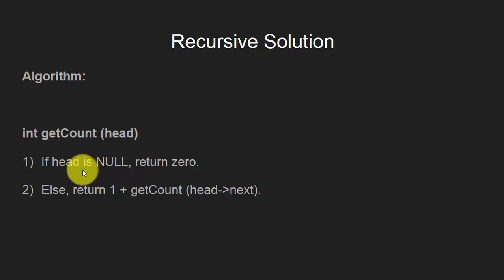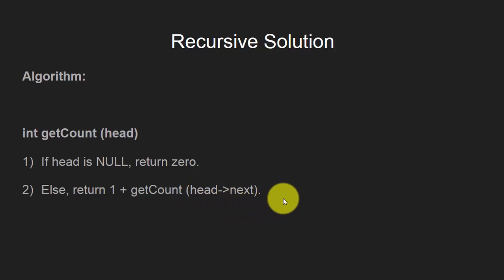If this node is null, then we will return a 0. That is, no elements are present in the linked list. If this node is not null, we will return 1 plus the number of remaining nodes, as this function getCount will return the remaining nodes in the list, as we are passing the argument of the next pointer to the function.